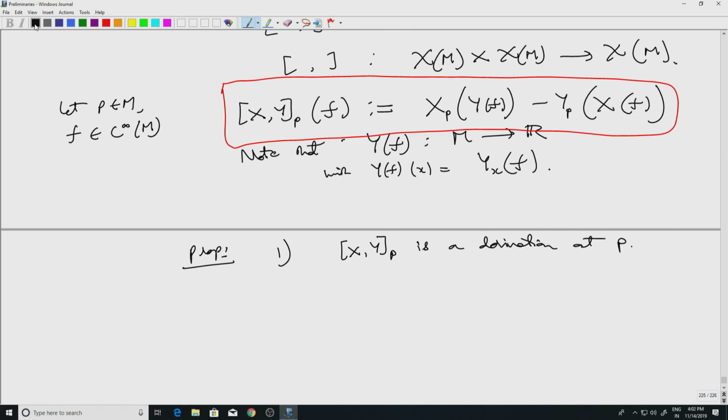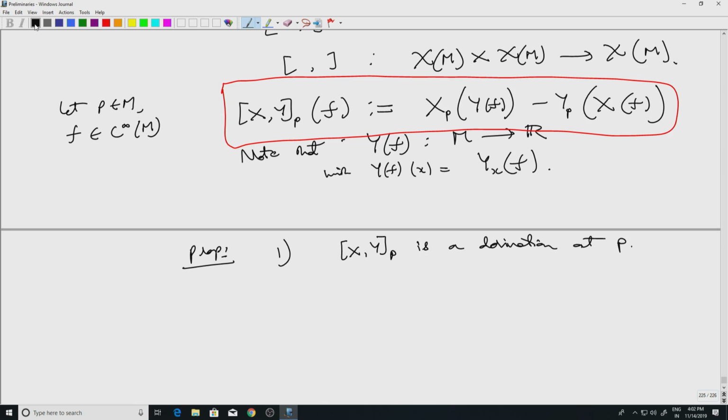Tangent vectors will not do, because I need to get a function here on the manifold in order to act Xp on that, and in order to get a function, well, I have to have Y defined at all points on the manifold.